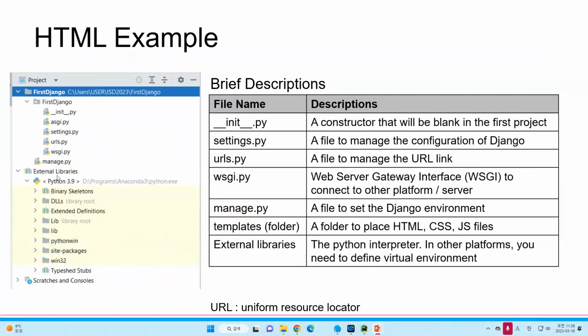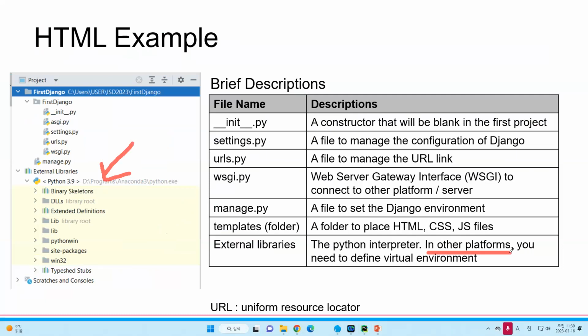And the external libraries means the Python interpreter. You will see that now I'm using Python 3.9. If you use another platform, maybe PyCharm, or Visual Studio Code, you can also create Django in Visual Studio Code.